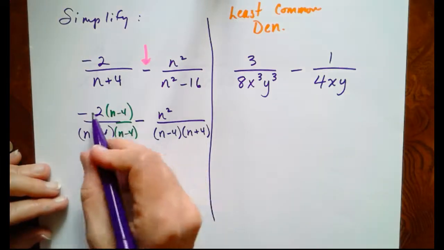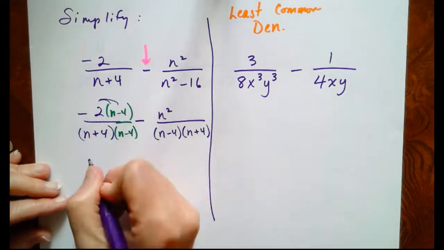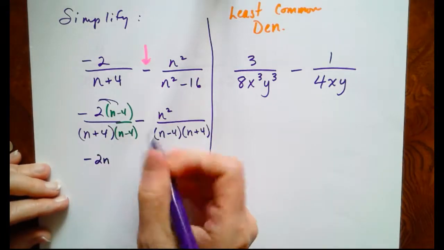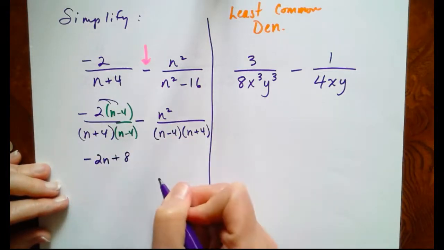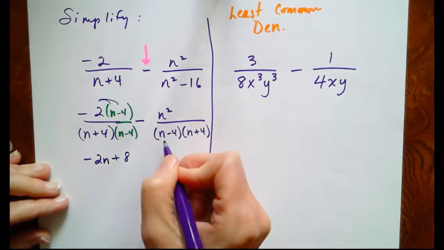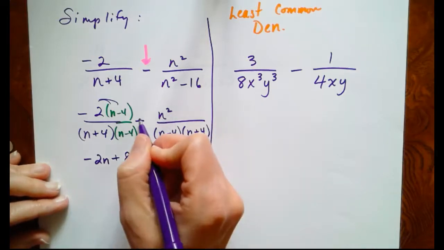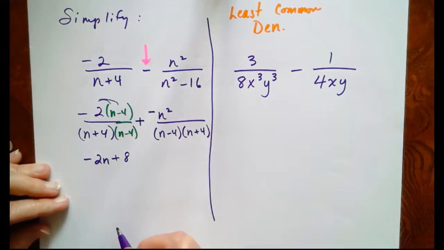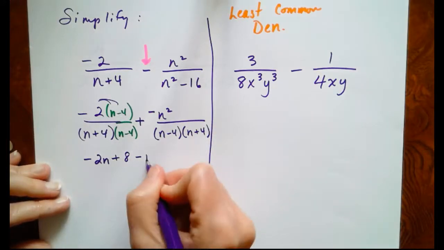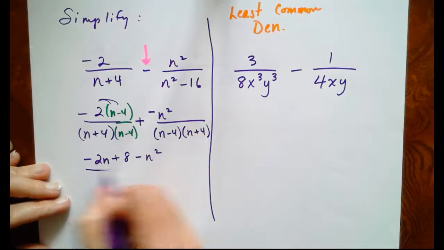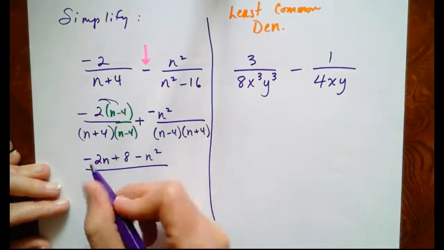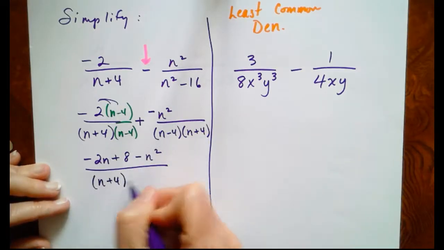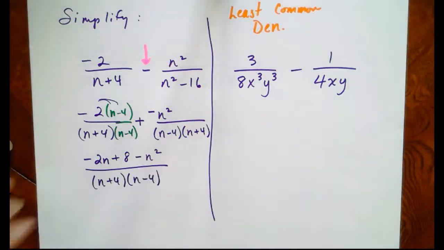So this turns into, when I distribute right here, negative 2n plus 8, and then this is not missing anything, therefore we can just let that n squared be negative. So minus n squared all over the common denominator, n plus 4 times n minus 4.